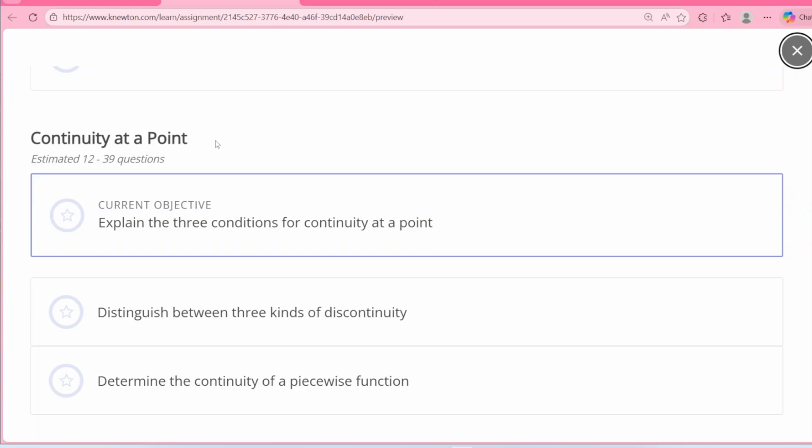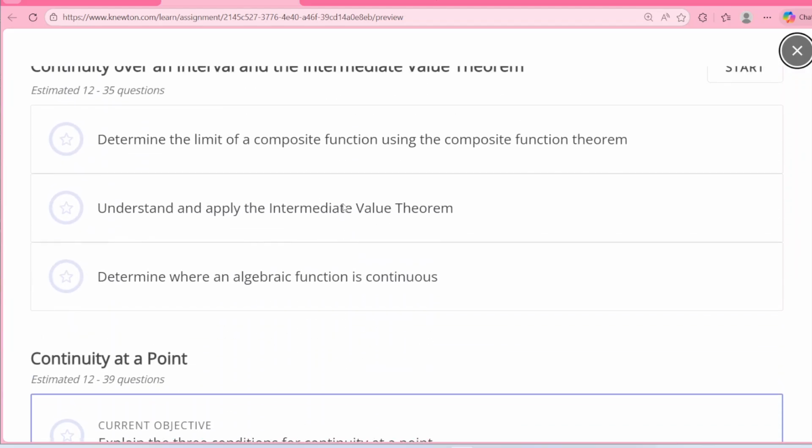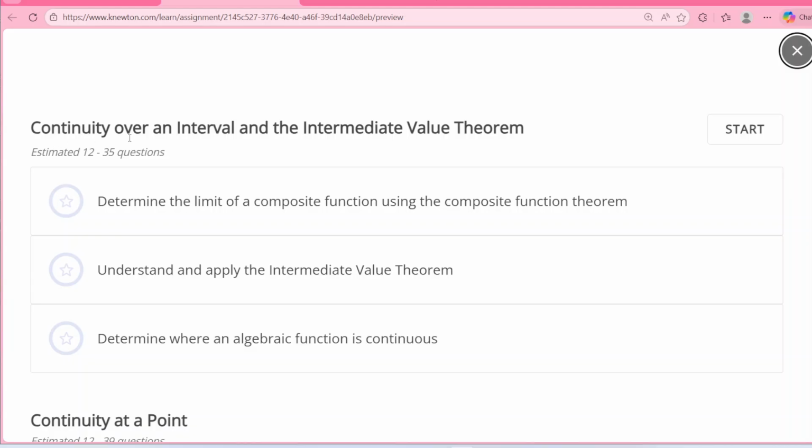There's continuity at a point, so we'll have to run through these 3 objectives first before moving into continuity over an interval and the intermediate value theorem, and we'll run through those 3 objectives. Now I could, if I wanted, hit the start button on the other section and go through its objectives first, but I'm not going to do that.